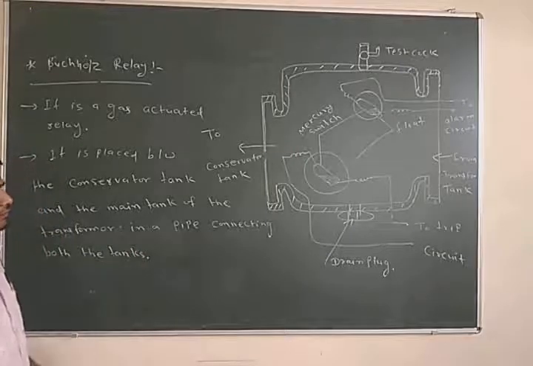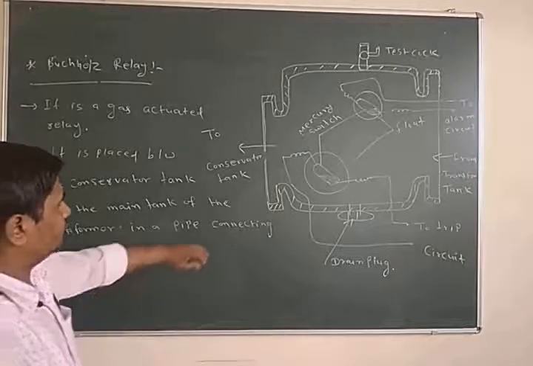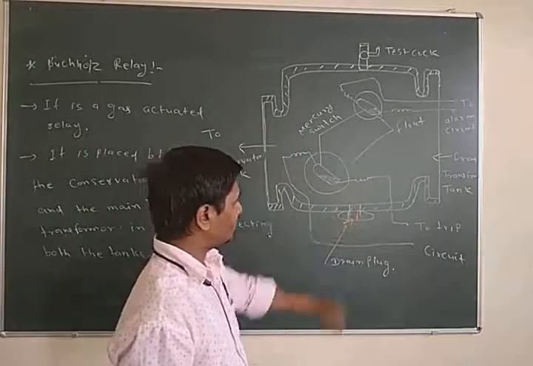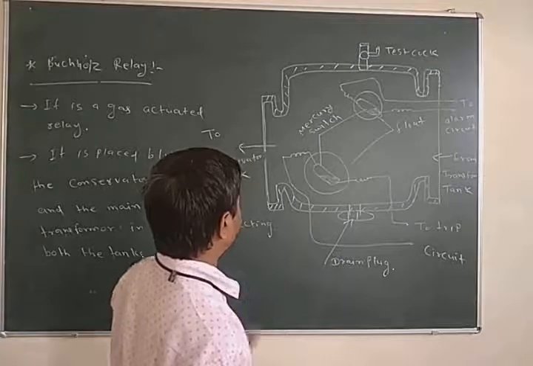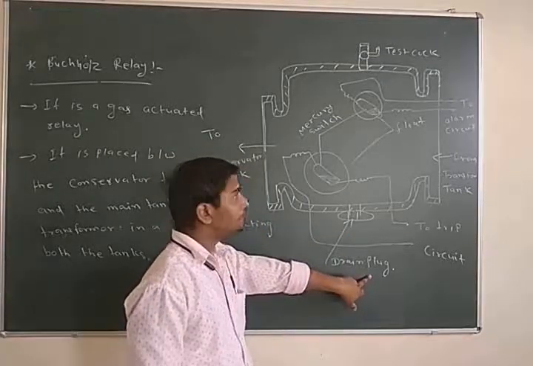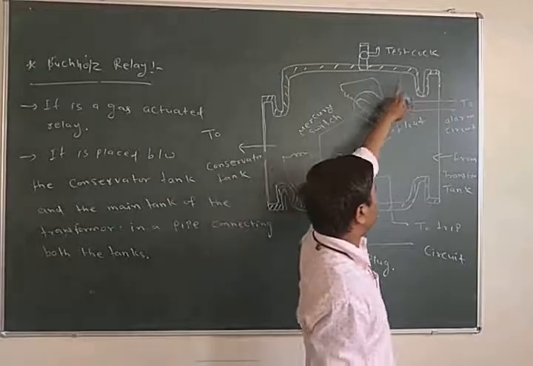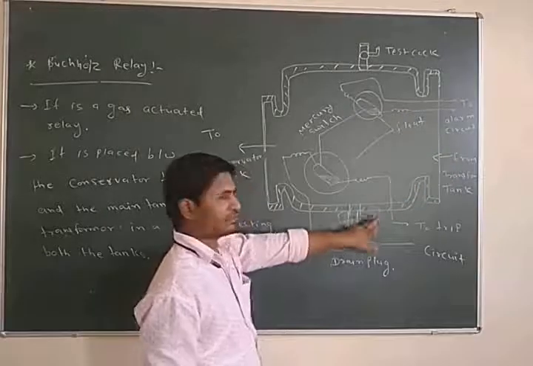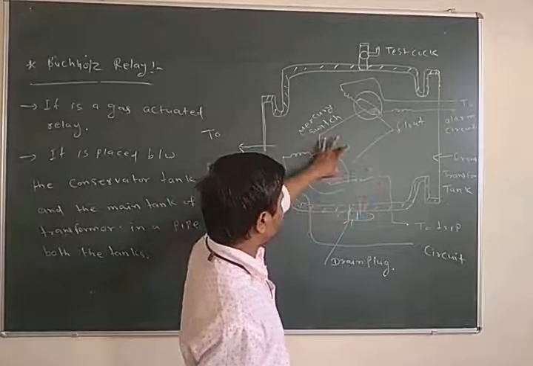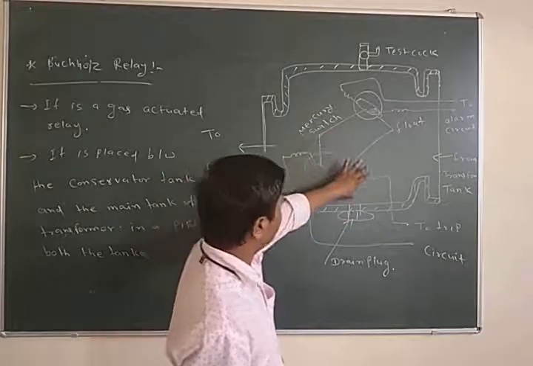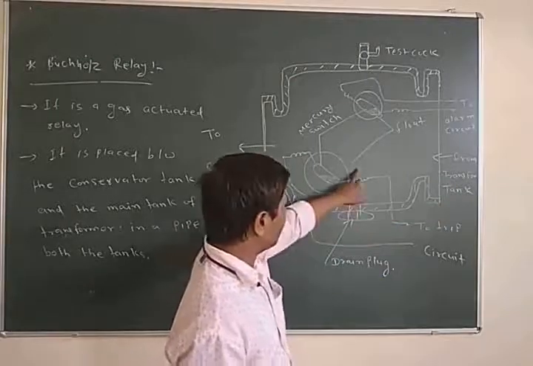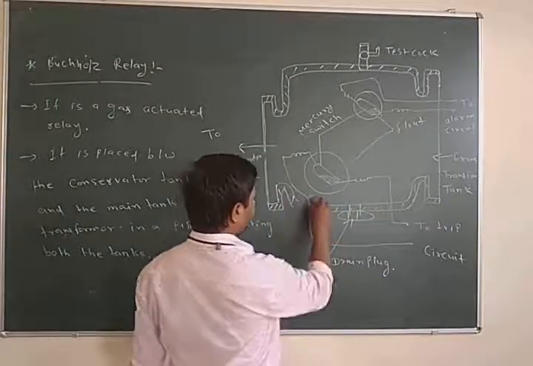Now, the construction of this relay. There are different parts in the construction of this relay. One is the drainage plug, test probe, and there are two mercury switches, and these mercury switches are in floats which are floating in the oil.